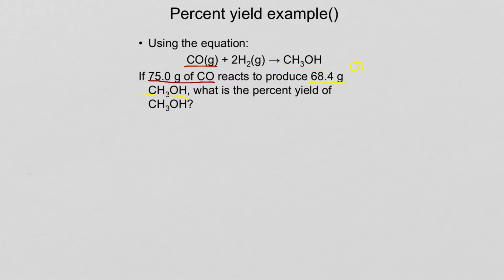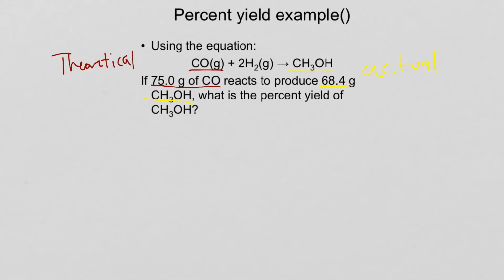So this is your actual yield for your product. But we need to see what's my theoretical yield. Theoretical yield from my given reactant. So we need to just calculate that doing some simple stoichiometry.